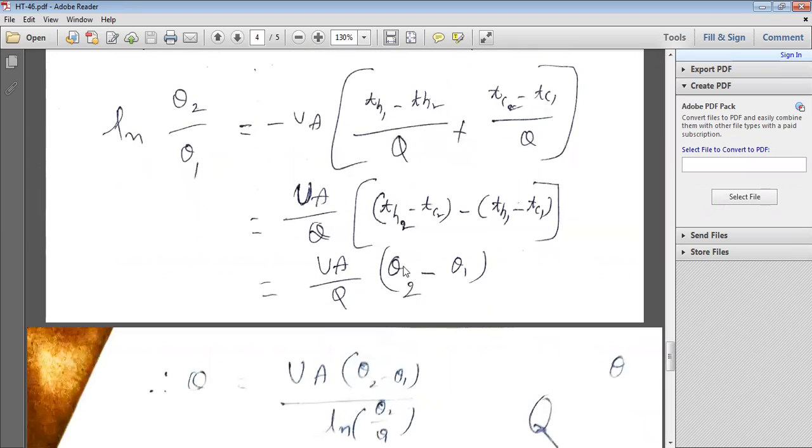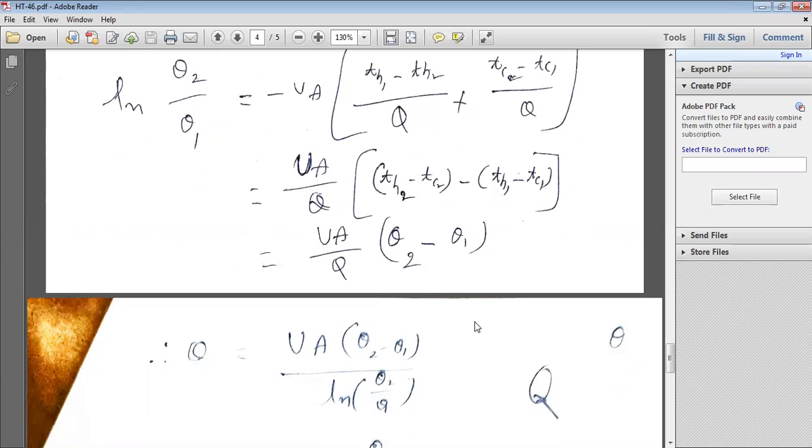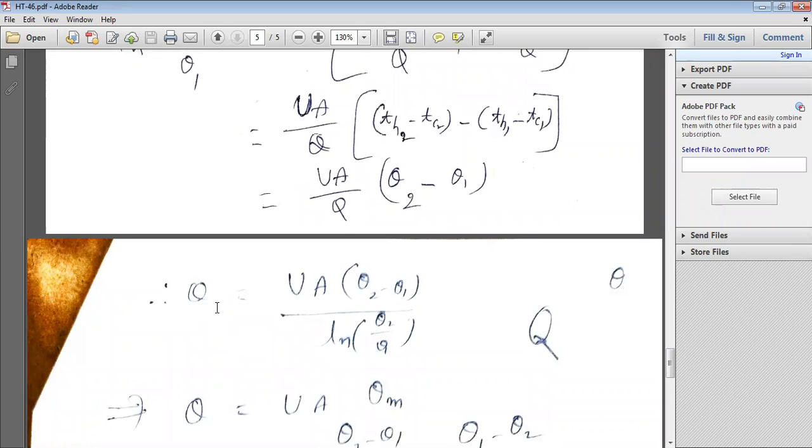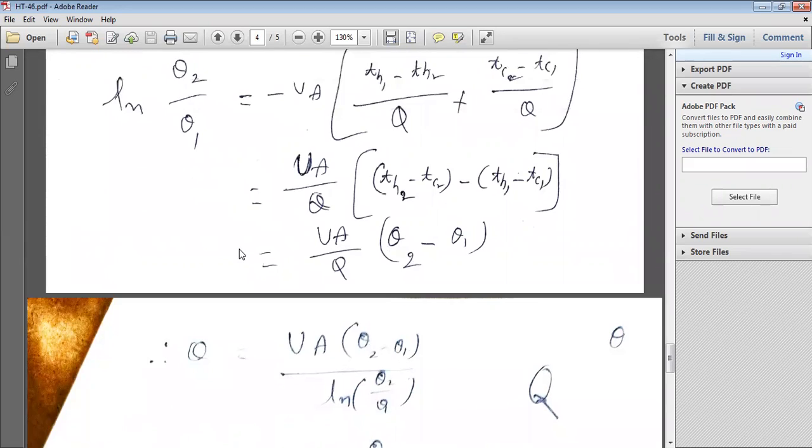Therefore, from this, Q is equal to UA, theta 2 minus theta 1, divided by Ln theta 2 by theta 1.